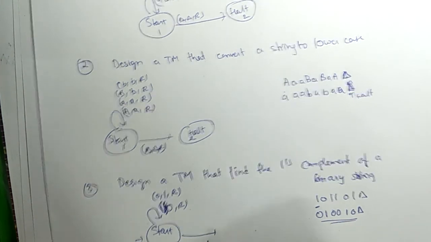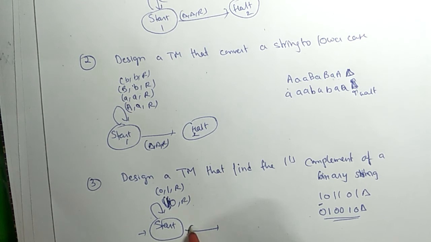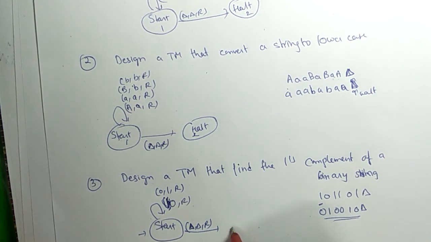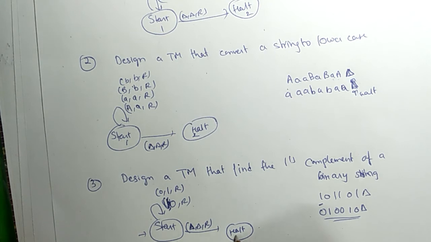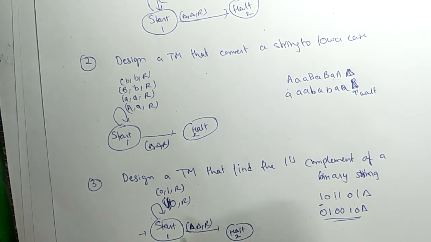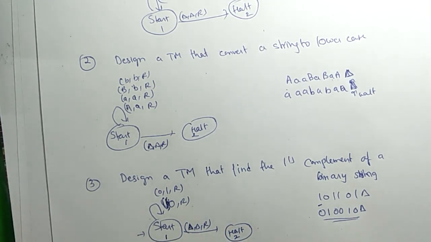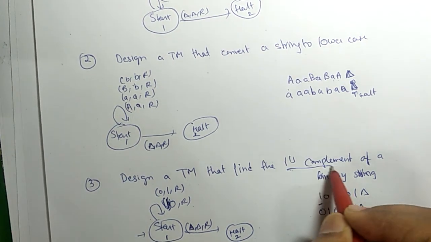And by moving to right, we will reach this blank symbol, and there we will reach the halt state. This is state 2 and this is state 1. So this is also a very simple Turing machine. So it performs the ones complement.